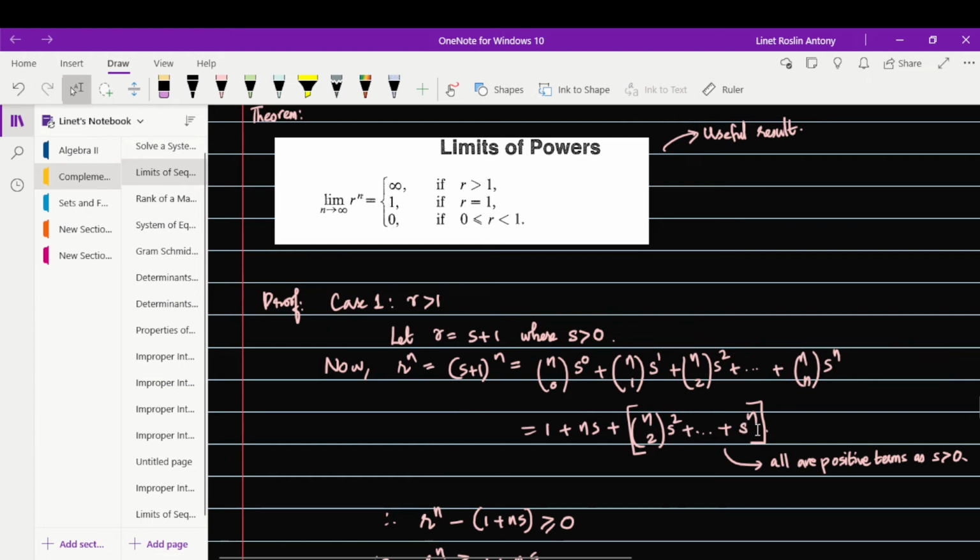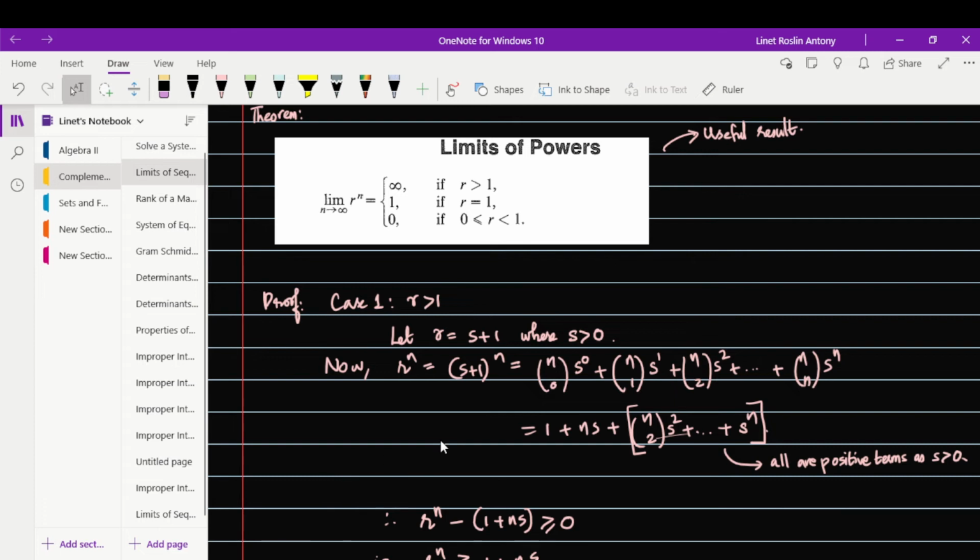And all of these terms inside the braces are positive terms because s is strictly greater than 0. We have assumed like that, s is strictly greater than 0. So all of the terms sitting inside these braces will be positive. So if we take r to the n minus 1 plus ns, that will be definitely greater than or equal to 0 because all these terms are positive.